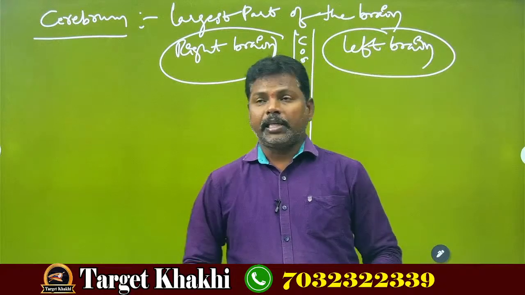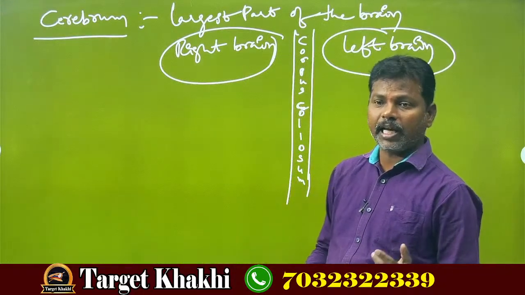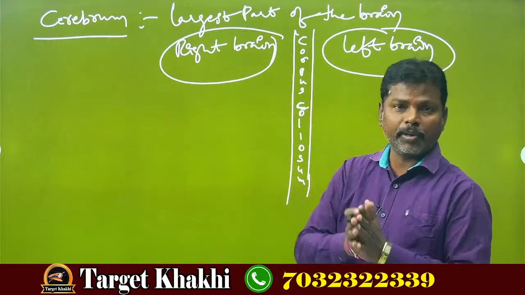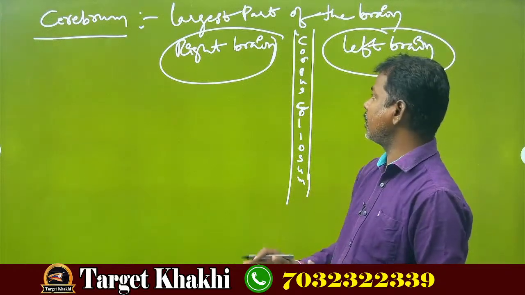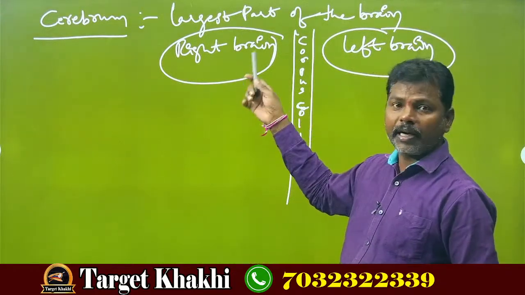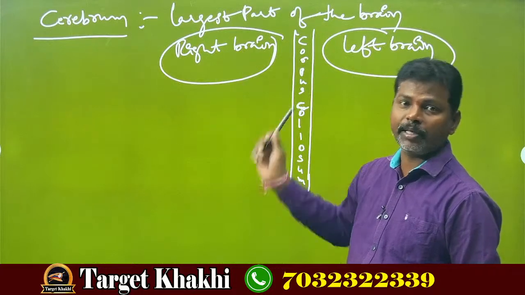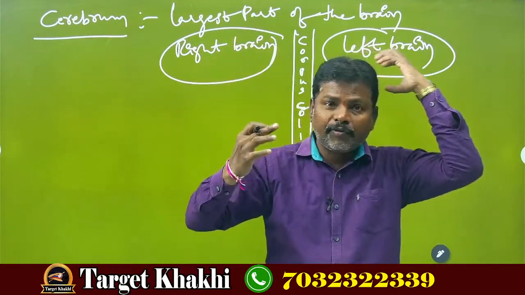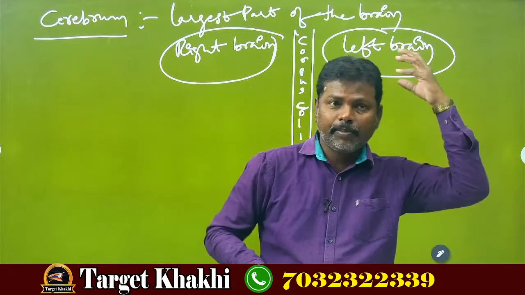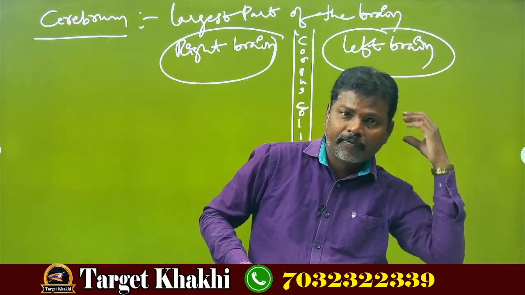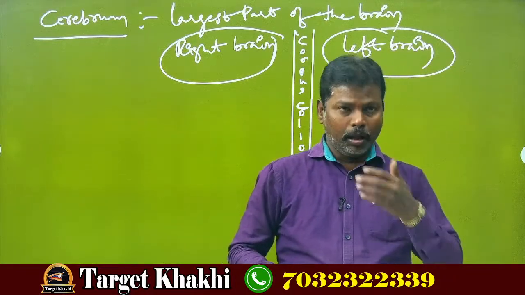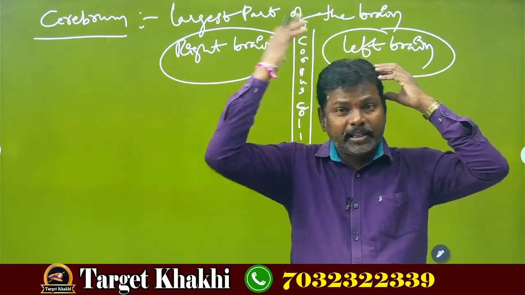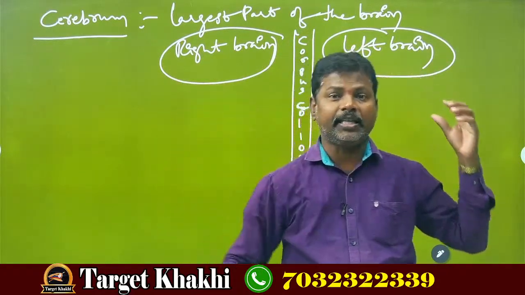So, cerebrum has a number of folds, I already told you, gyri and sulci, which accommodate more neurons. But what is the main function of right brain and left brain? Right brain controls the left side of the body. Next, left brain controls the right side of the body activities.